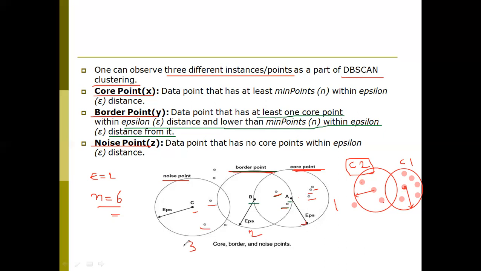A border cluster has 2 conditions. One, it has fewer data points than n. And the second, it must have at least 1 core point within it. Then such clusters are called border clusters or border points.